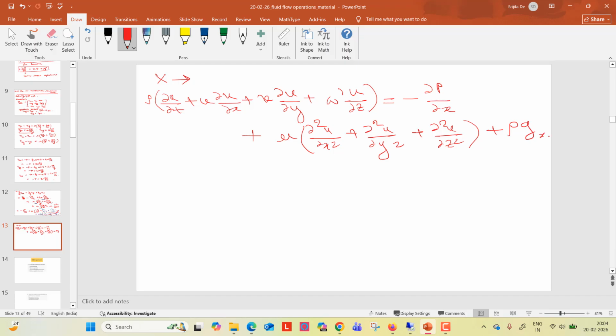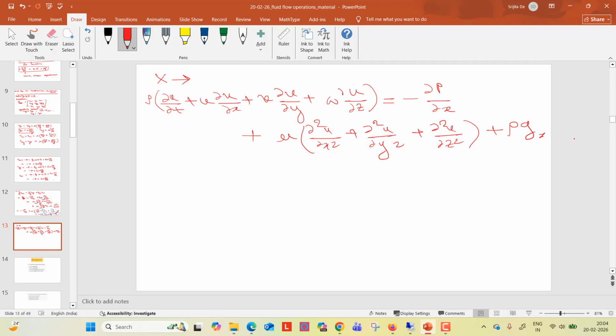So this is the detailed x component momentum equation of a Newtonian and incompressible fluid.